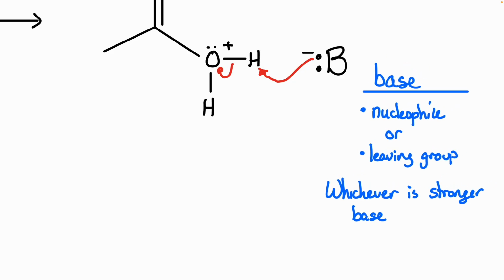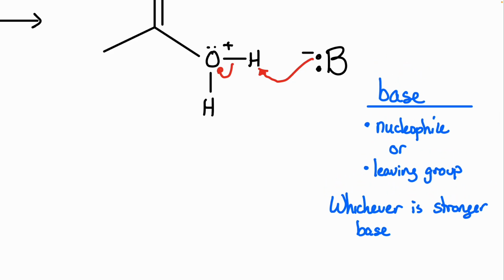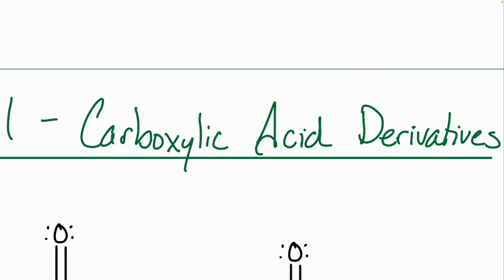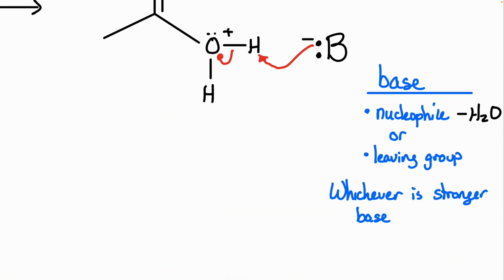In this particular case, our nucleophile is water, our substrates are acyl halides, and our leaving groups are going to be those halide ions. In this case, your halide ion is not a good base.